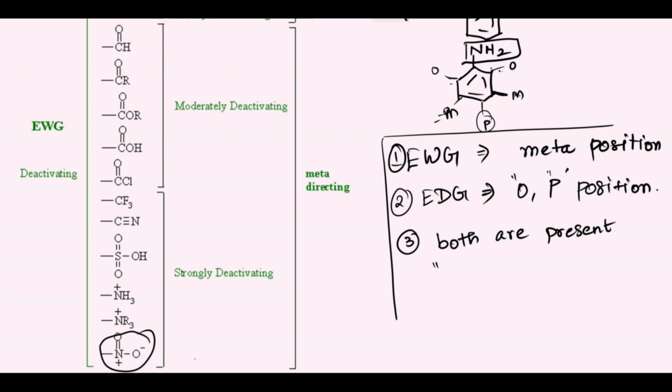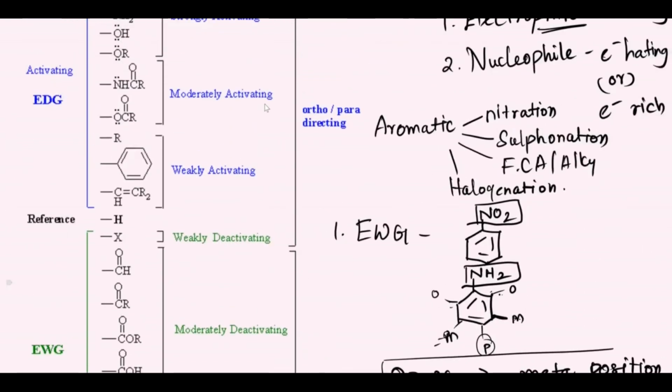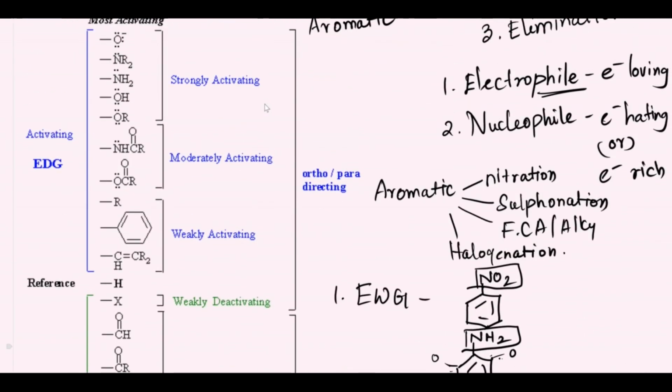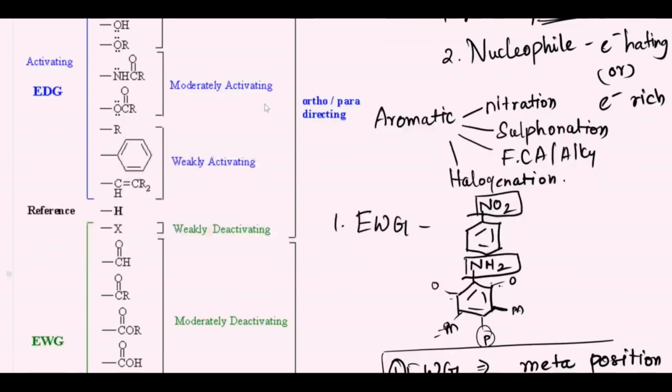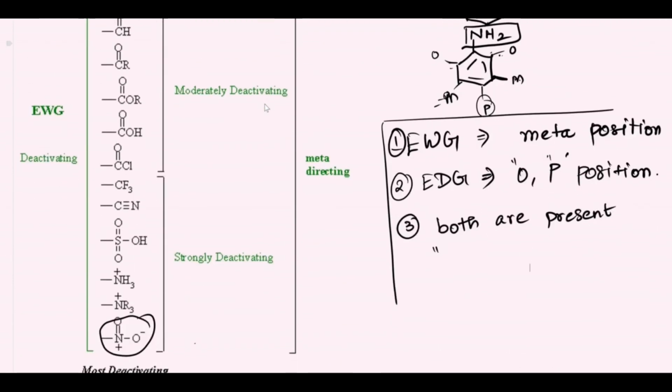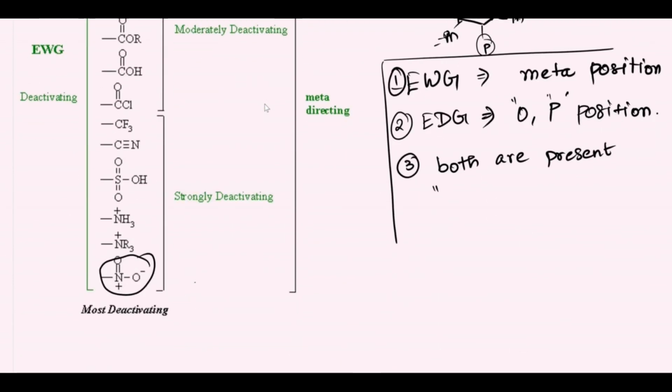If I'm taking nitro group and I'm taking NH2 group, according to this table, which I'm attaching, you can see which is more electron withdrawing, which is more electron donating. Depending on the priority, on these preferences or strengths, you can decide. So go with this strength.